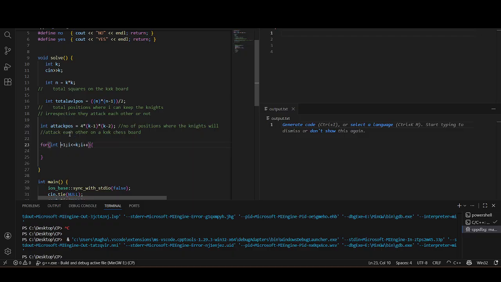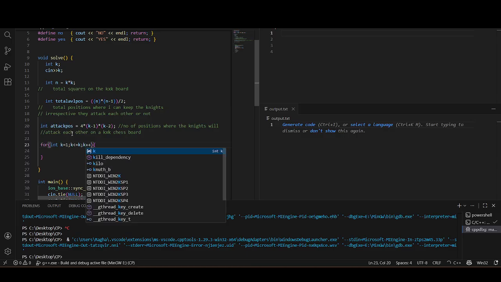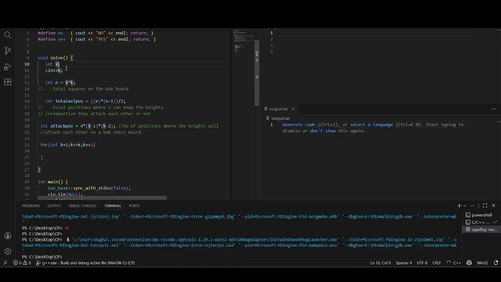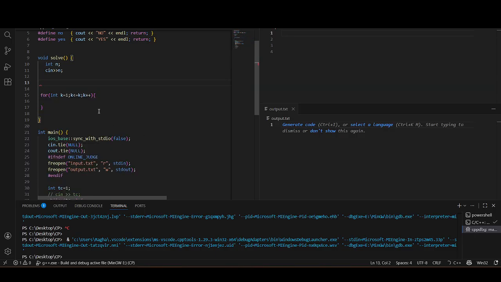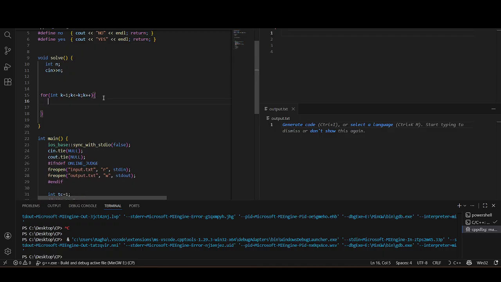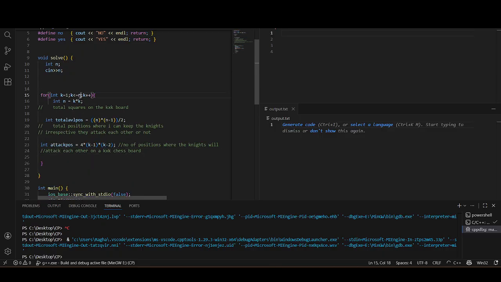Let me change the variables, and this will be n only, and I will put everything inside with Control X. Let me rename this as n.